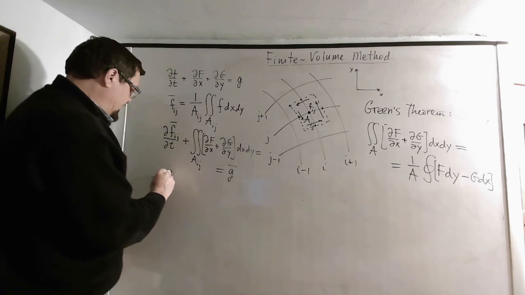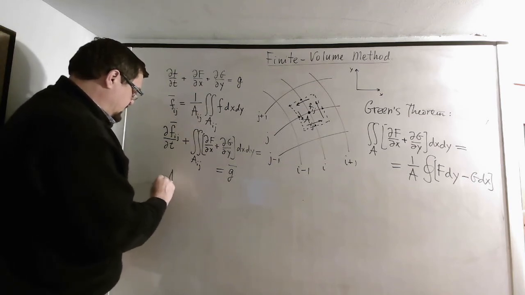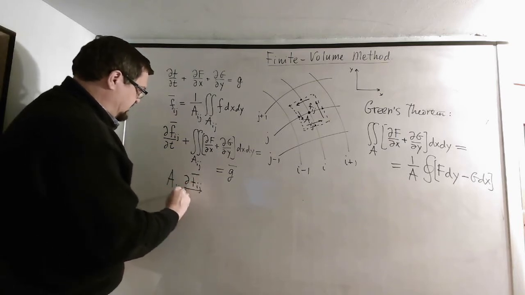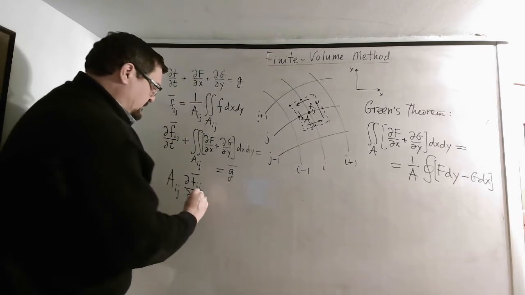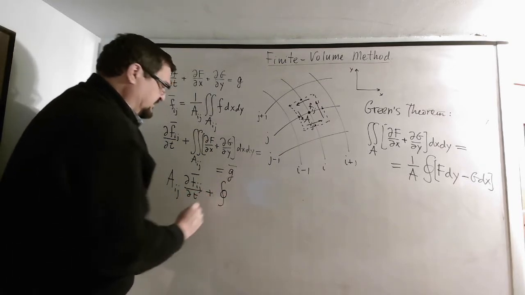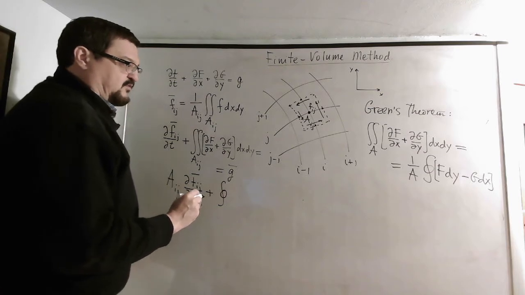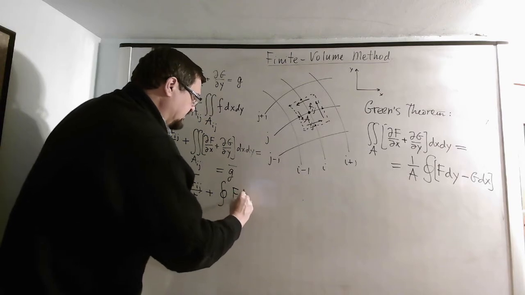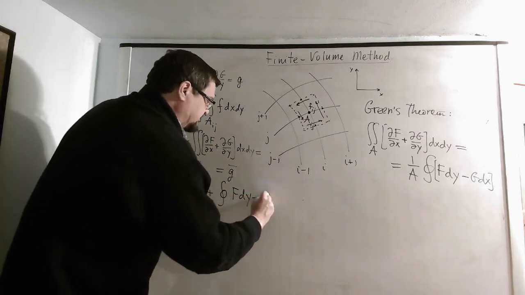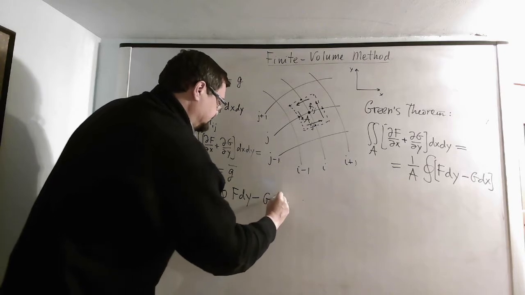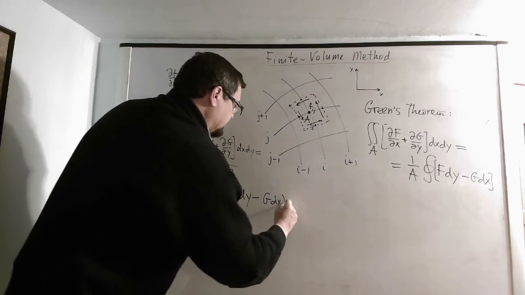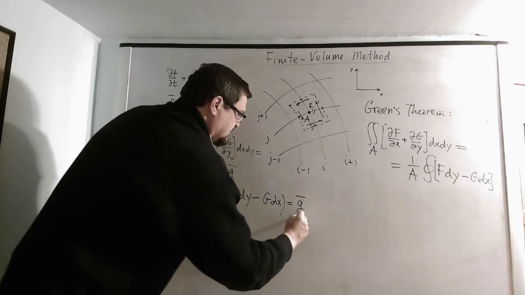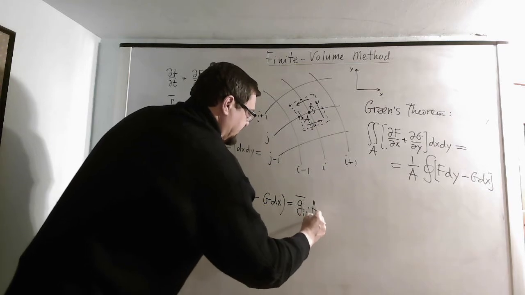So we will have A_ij df_ij dt plus this integral over the contour, and here it is going to be f dy minus g dx, equals this average g_ij times also area A_ij.